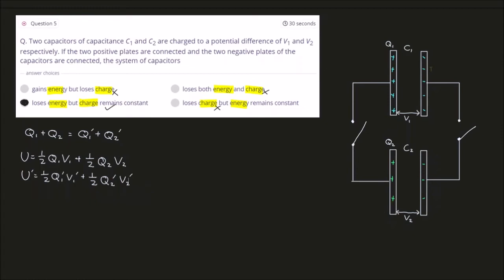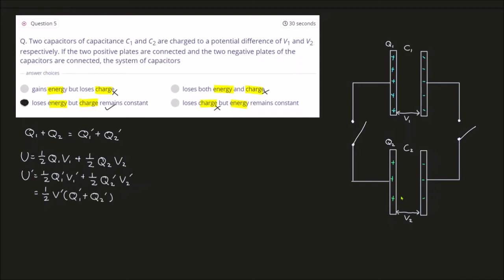There also should not be any potential difference across the negative plates of capacitor 1 and capacitor 2. In that case, capacitor 1 and capacitor 2 should share the same potential difference. Let's just call this V prime. So we will have half V prime times Q1 prime plus Q2 prime.